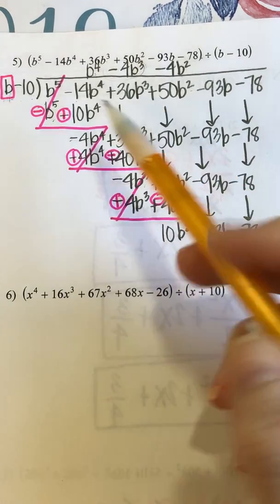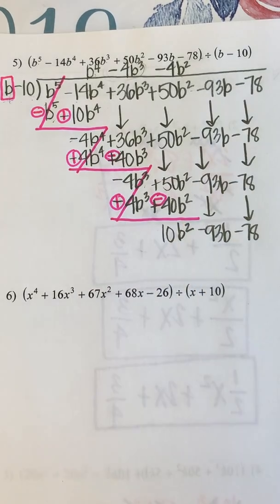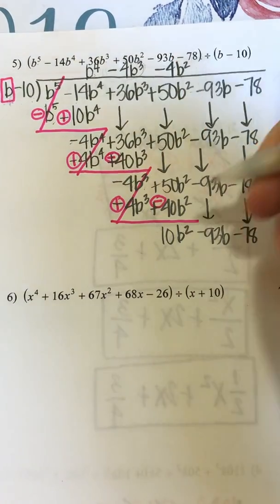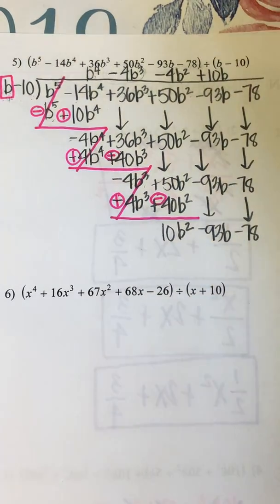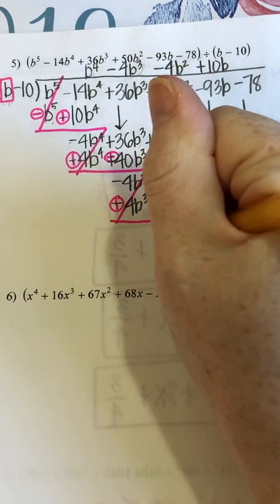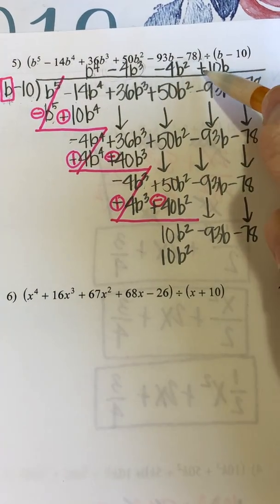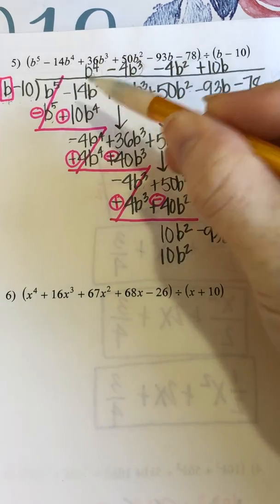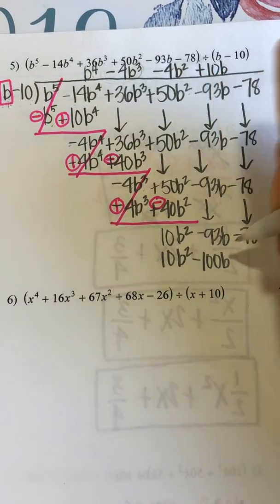What now can I multiply by b so that I get 10b squared? 10b. So plus 10b. So that's 10b squared. And then positive 10b times negative 10 is negative 100b.